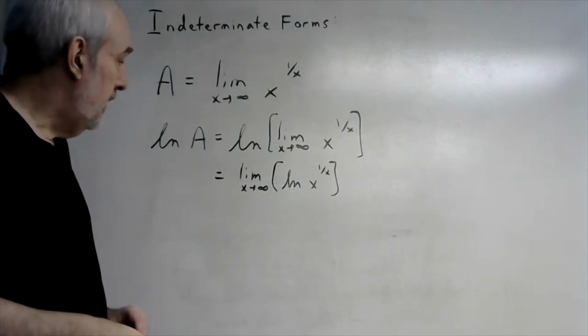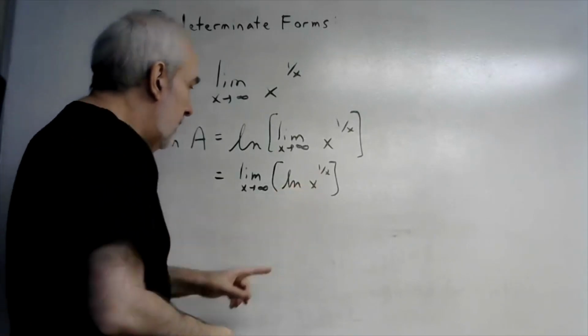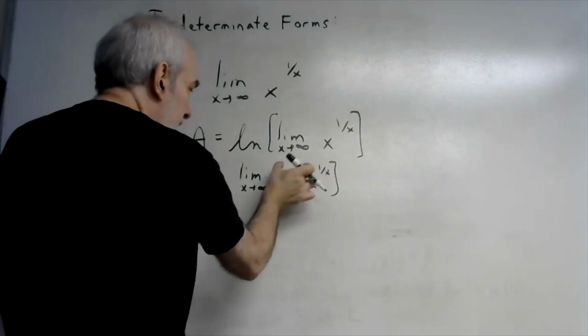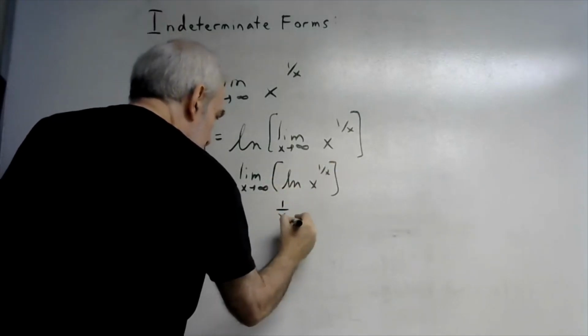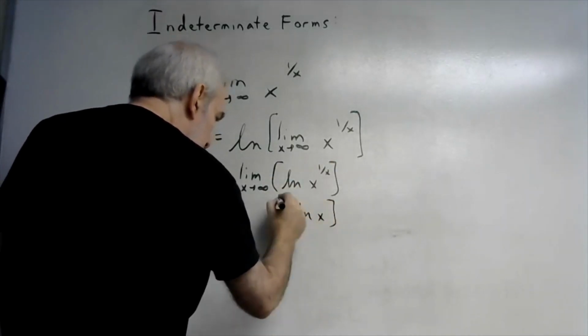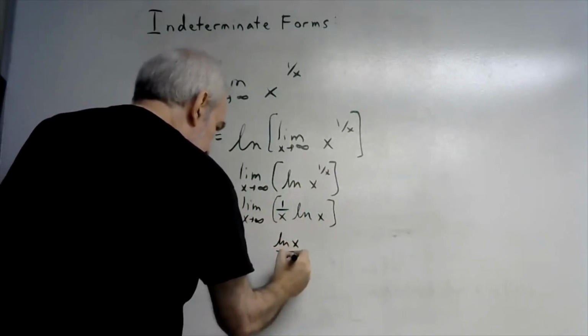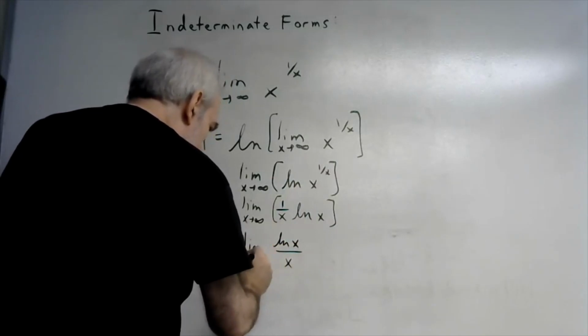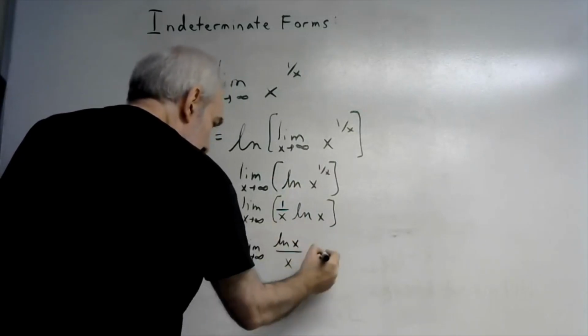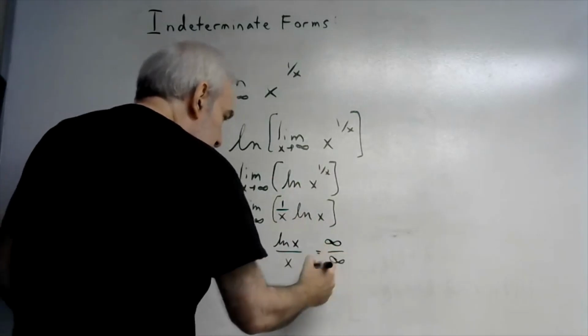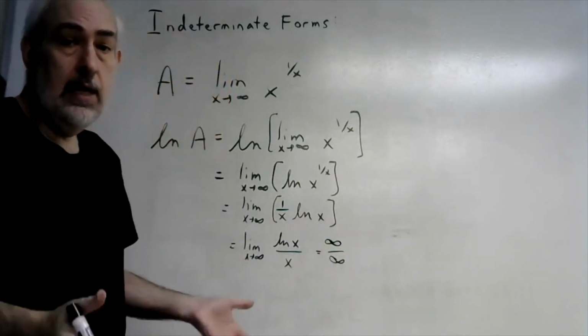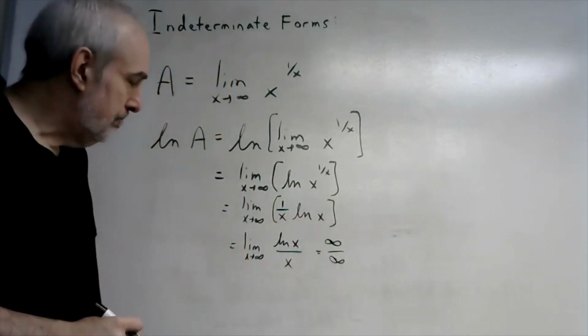Then we can use natural log properties to bring this exponent down in front of the logarithm. And then it's pretty easy to change that into a fraction. Now, just checking, we have infinity over infinity, so we're ready to use L'Hopital's rule.